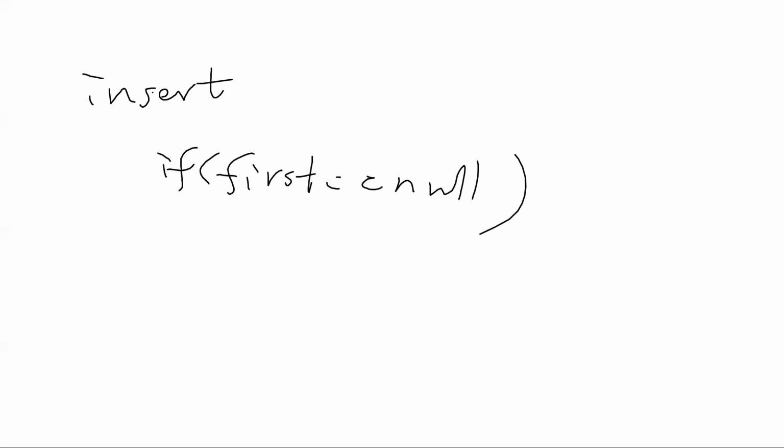Okay, and when we do insert, there are a number of cases we need to think about. So the very first case, whenever you want to insert, initially it's empty. How do you insert? You first need to check if the first is a null pointer. If it is a null pointer, then you basically need to create the first. You create the first, then you can call the new node.